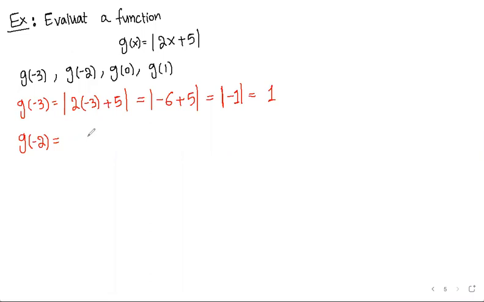It would be 2 times parentheses negative 2, plus 5, in the absolute value symbol. Again, it will be 2 times negative 2, like he said, plus 5. So 2 times negative 2 would equal negative 4, plus 5 in absolute value, which would equal just 1, and then the final answer is 1. Okay, perfect. Nice. The answer is 1.